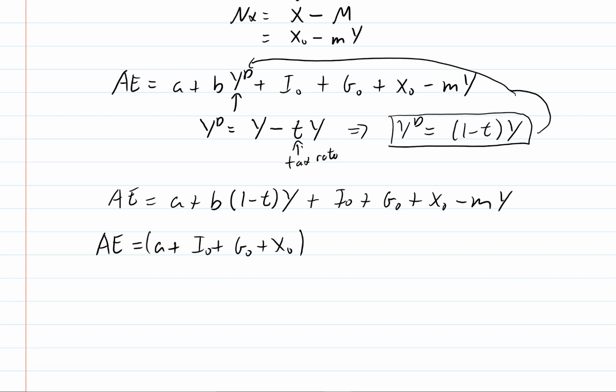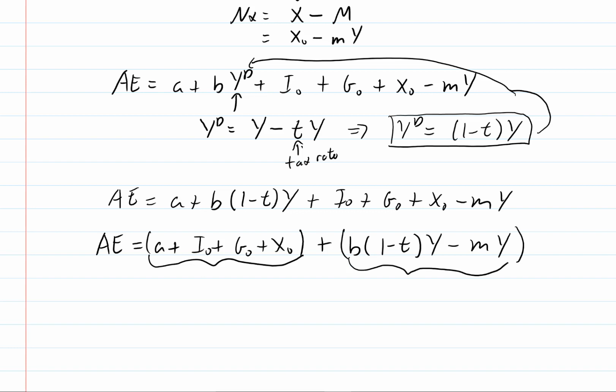We're just going to put that in brackets, plus B times 1 minus T times Y minus M times Y. So these are all the things that do not depend on Y, so they're going to be the autonomous aggregate expenditure. And everything over here is part of the induced aggregate expenditure.